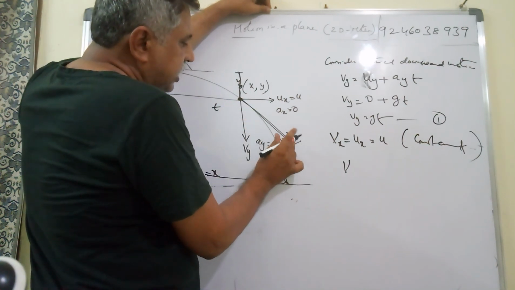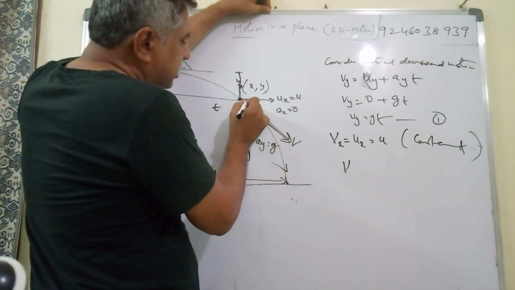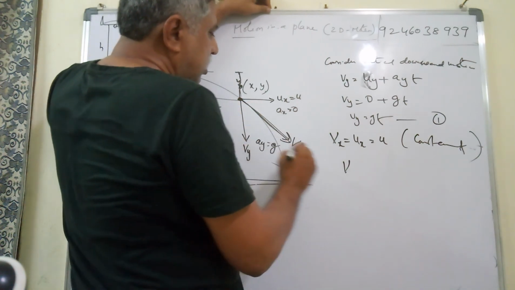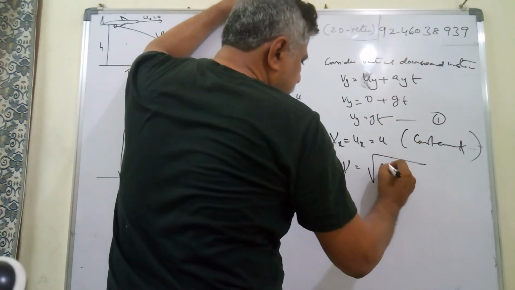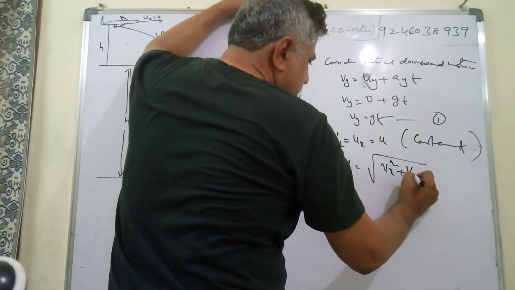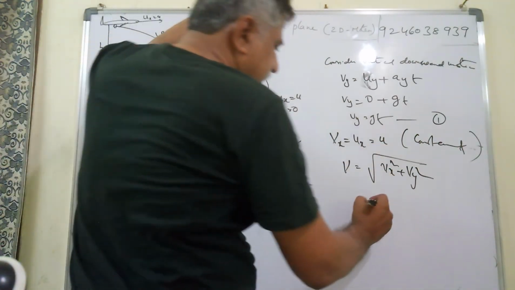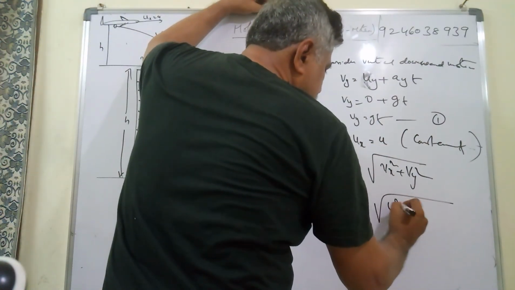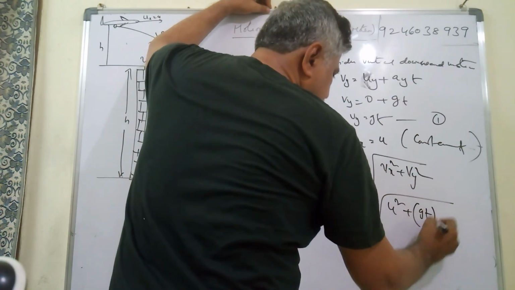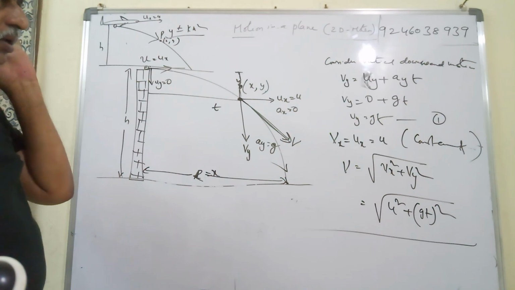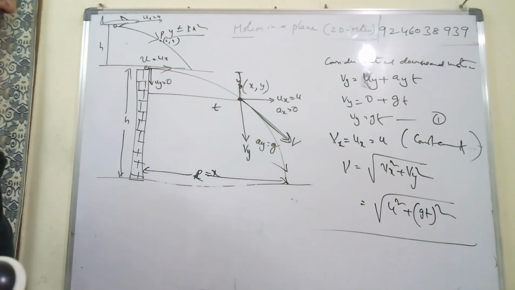This is the tangential direction, tangential to this path. v is equal to root of vx square plus vy square. If you know the rectangular components, you find the velocity like this: root of u square plus gt whole square. This is our velocity at time t seconds, or at any instant t seconds.